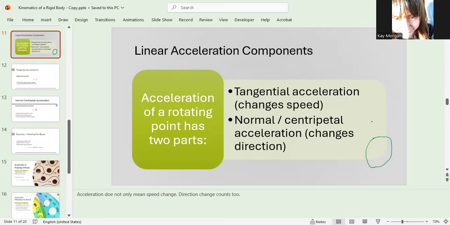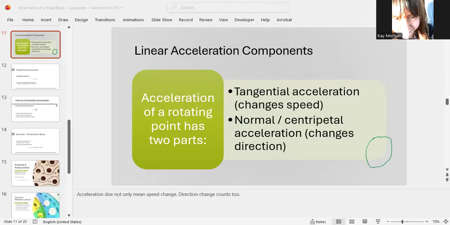The second part is a normal acceleration, and of course, it is responsible for changing the direction, not changing the speed of a point, but changing the direction of the motion. So even if the speed is constant, a point moving in a circular path has to continuously change direction, and of course, that requires acceleration.